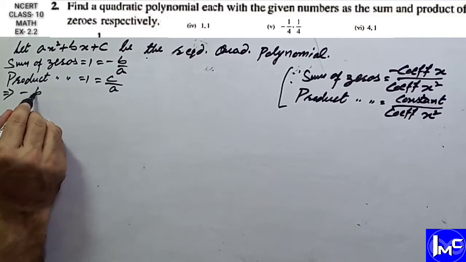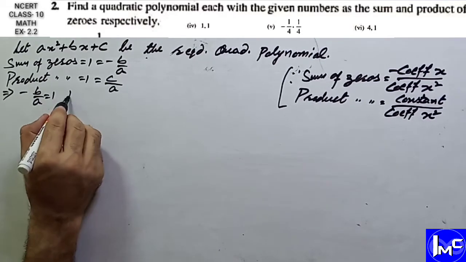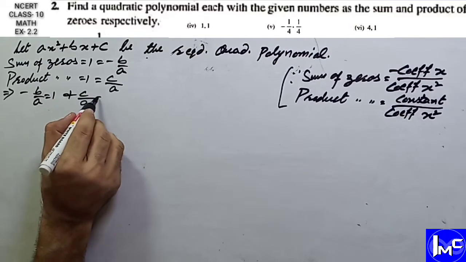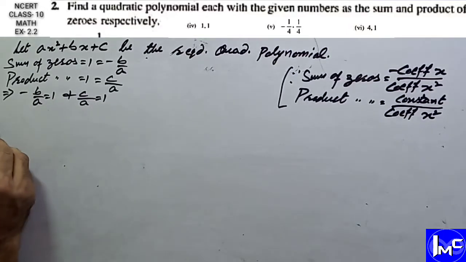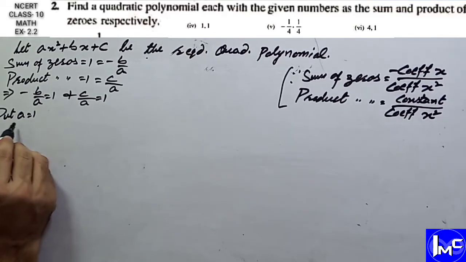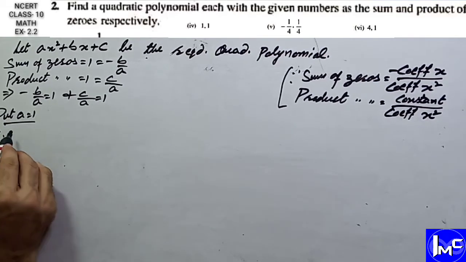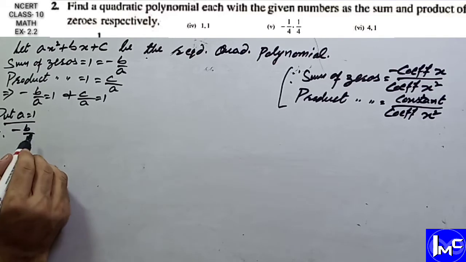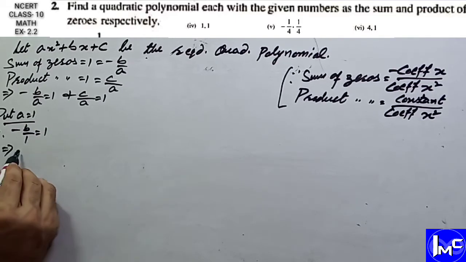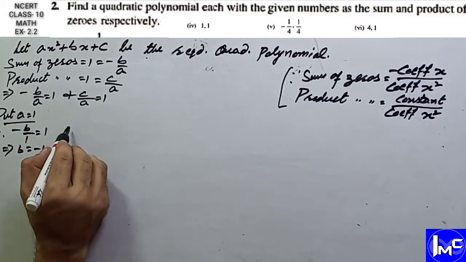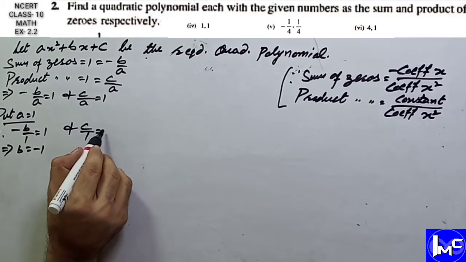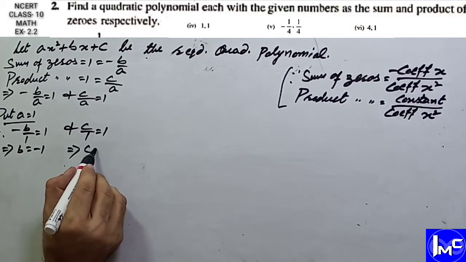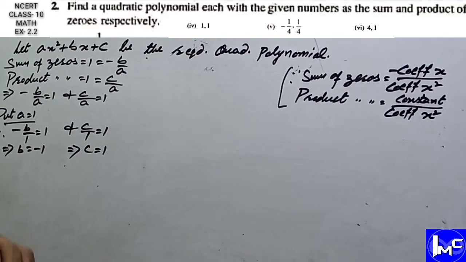That implies minus b over a is equal to 1 and c over a is equal to 1. Now put a is equal to 1. Therefore, minus b over 1 is equal to 1, and that implies b is equal to minus 1, and c over 1 is equal to 1 implies c is equal to 1.